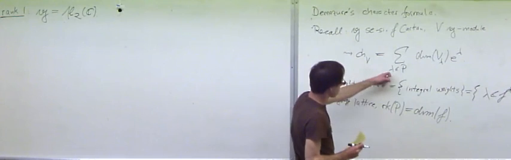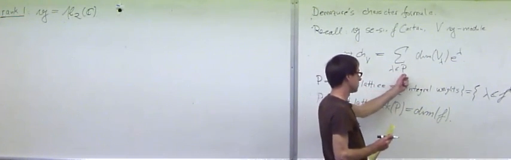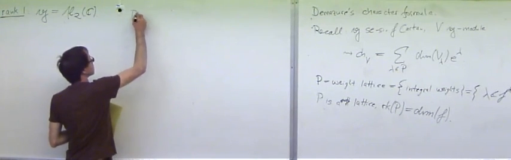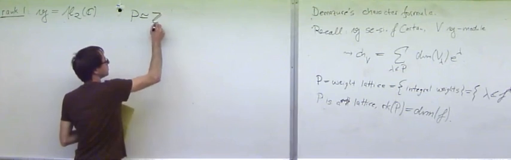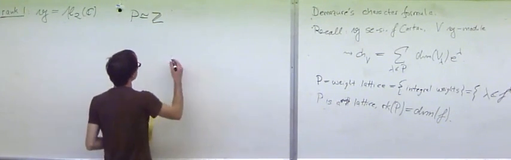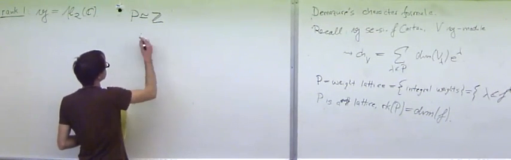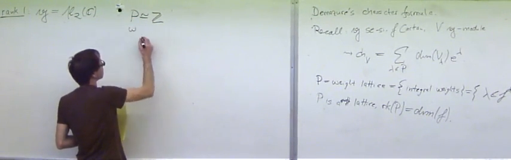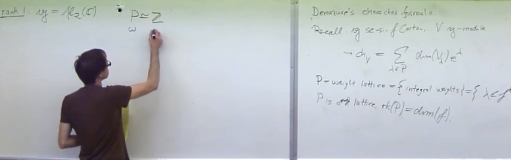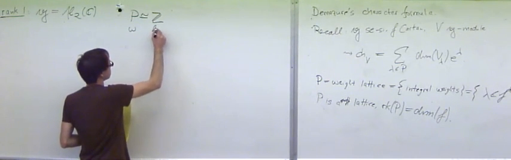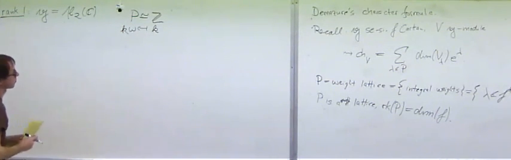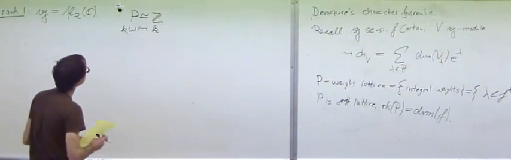So P is isomorphic to Z because it's a rank 1 lattice. And which isomorphism did we choose? Well, we just picked one generator omega and sent this to 1. So usually, as we wrote it, k goes to k omega, right? This was our isomorphism between Z and P.